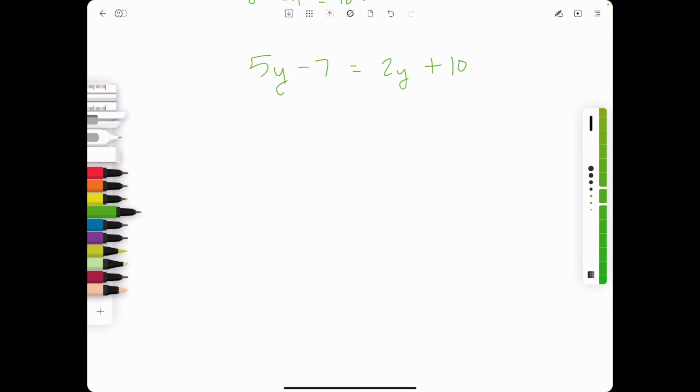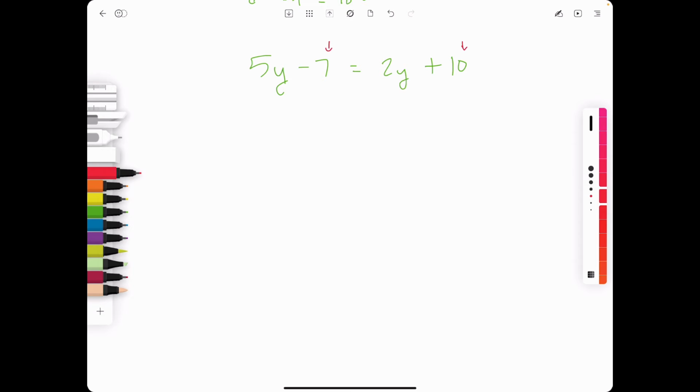This is where it gets a little bit more complex because you have y's on both sides. The tendency that I've seen is for students to get the numbers, the constants, like 7 and 10, to one side. I would recommend you get the variable to one side first, okay? Get the variable to one side so you only have one side dealing with variables first.